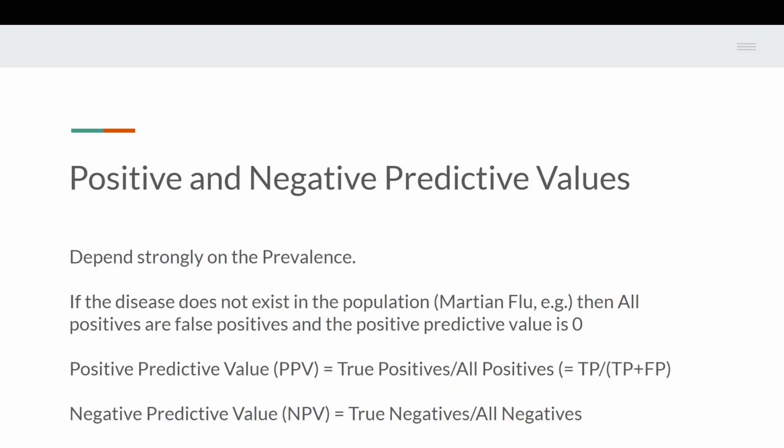If the disease does not exist in the population, such as Martian flu, then all of the positives are false positives, and the positive predictive value is 0. So positive predictive value is the true positives over all the positives. Negative predictive value is the true negatives over all the negatives.